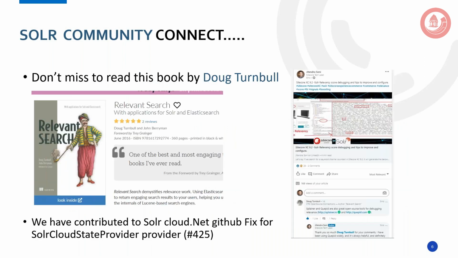There is one more book. If you are working on Solr, I would encourage you to read Relevant Search. It has a lot of good examples, and it will clear a lot of basic fundamentals for you guys. Again, the authors are very well connected with the search community.